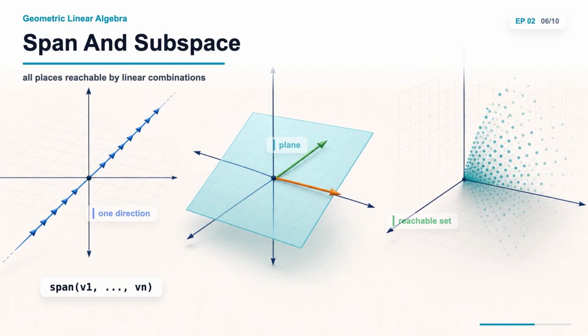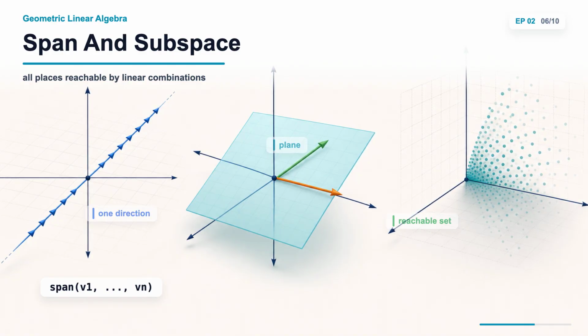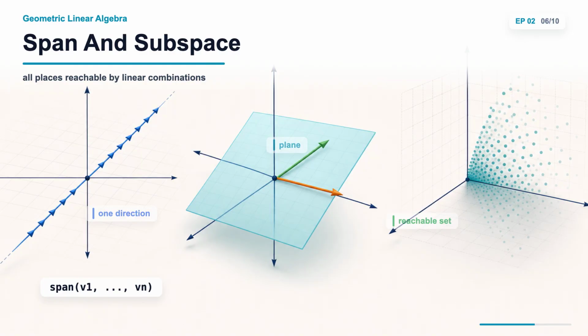In 3 dimensions, 2 independent vectors span a plane through the origin, and 3 independent vectors can span all of space. A subspace is a reachable set that stays closed under vector addition and scalar multiplication. If you add 2 reachable vectors, you remain reachable. If you scale a reachable vector, you remain reachable.